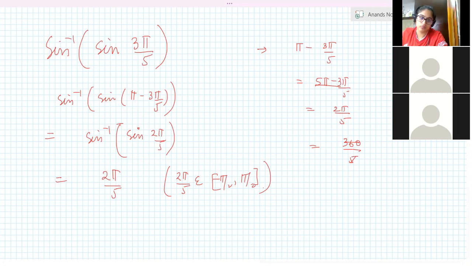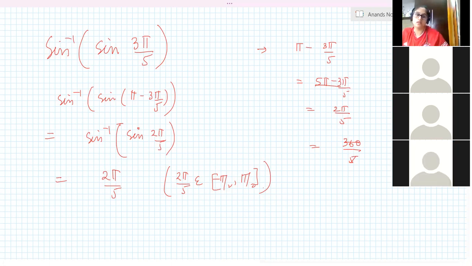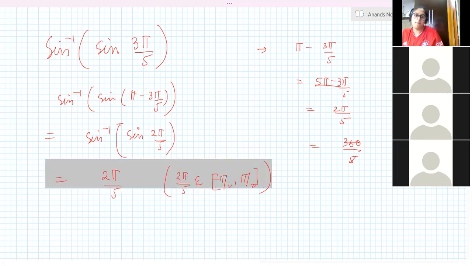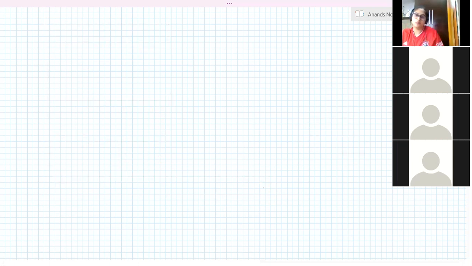All right, guys, are we good? So you have to be very confident about your identities. If you observe here, two things: cos 180 minus theta, cos 180 plus theta, 360 plus theta, 360 minus theta, all that you should know, identities.